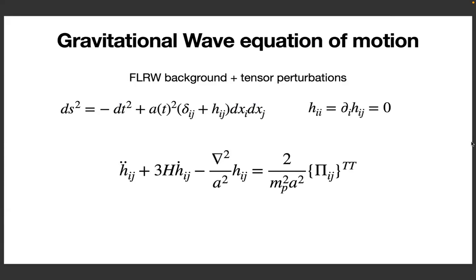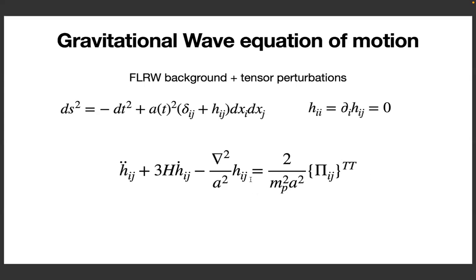So if we work out the linearized equations of motion of these tensor perturbations, we will find that they follow a wave equation. You can tell from this form, this is a wave equation in a very similar manner to the Klein-Gordon equation in the expanding background, which can be told by the friction term here, which is sourced by this object here that I will tell you what it is later.